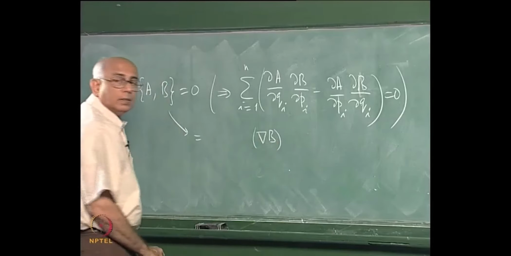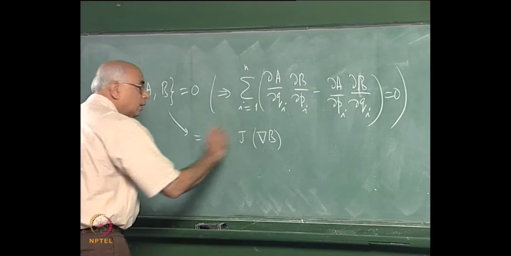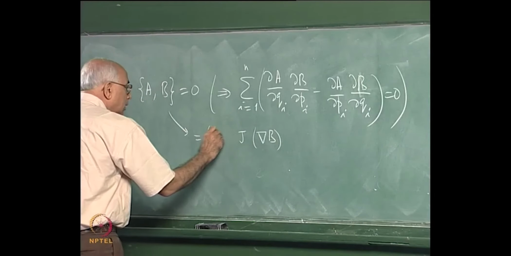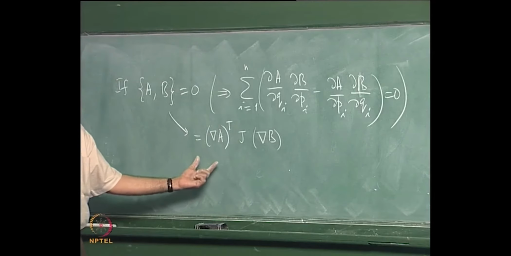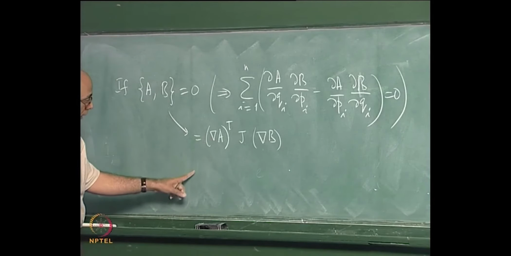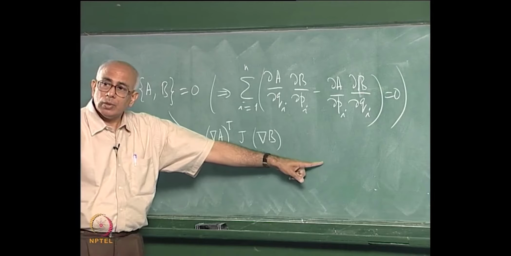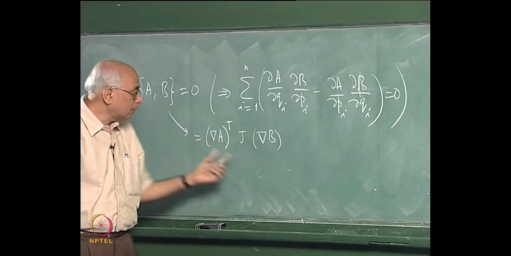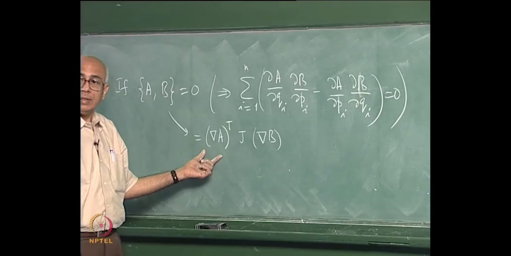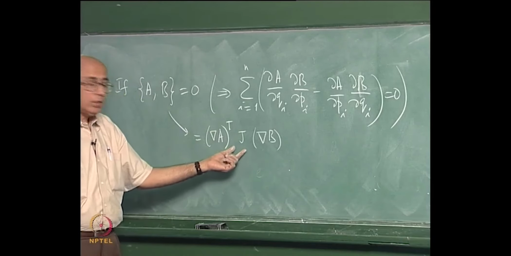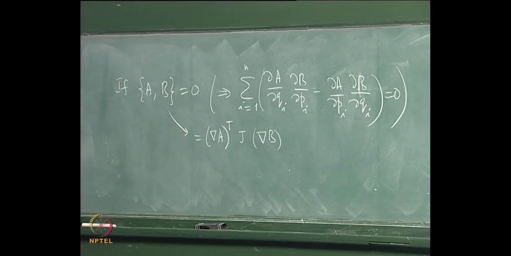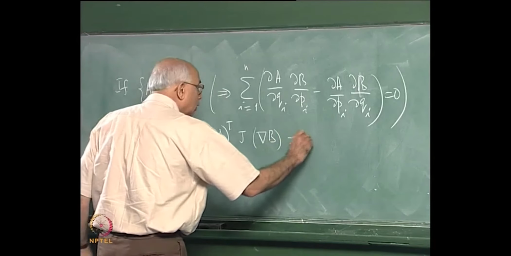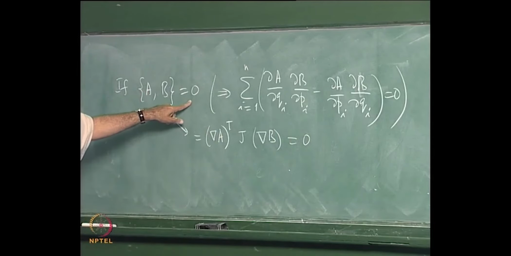This vector with a J here, and the gradient of A here with a transpose to show that this is a row vector, ∂A/∂q1 horizontally all the way up to ∂A/∂pn. The transpose of this is a row vector here times the J matrix times the gradient of B, and that is what the Poisson bracket is. So it says this is equal to 0 if the Poisson bracket vanishes.